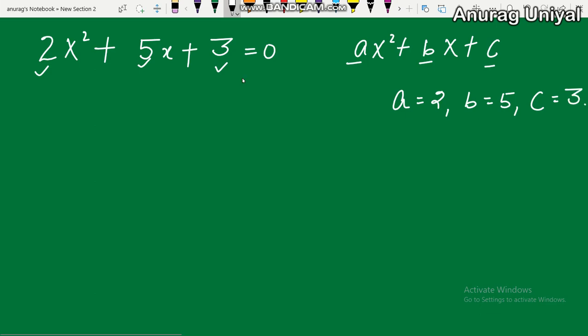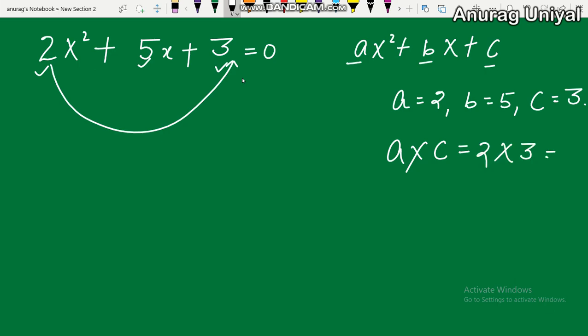Now the first thing you have to do is multiply a with c, that is 2 into 3, which comes out to be 6.